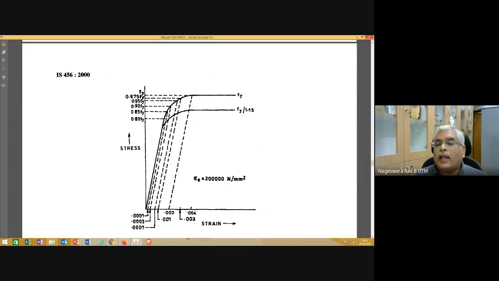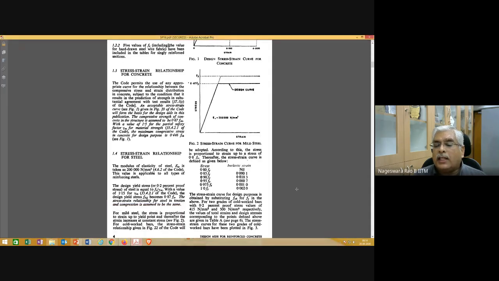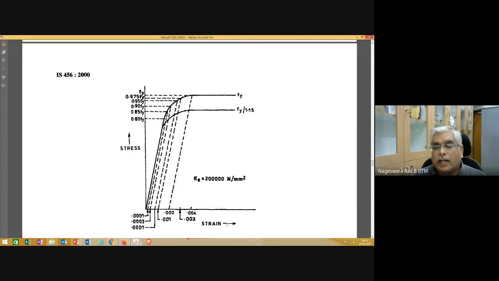Corresponding to 0.85 Fy, inelastic strain is 0.0001. Corresponding to stress equal to 0.9 Fy, strain is 0.0003. Subsequently, all the other values are given here. Is it clear? So using this information, you can reproduce this stress strain curve.